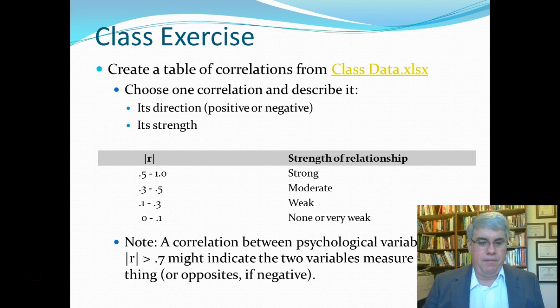Or if the absolute value is high, but it's close to minus 1, they might be opposites. Like, ooh, here's one measure for introversion, here's one measure for extroversion. They're correlated at minus 0.95. It's because they're measuring the same personality trait. One is just the inverse of the other.